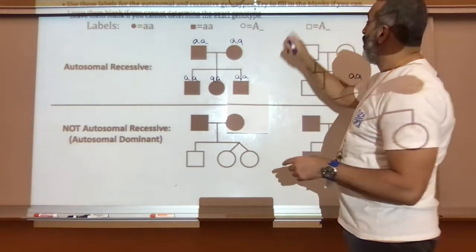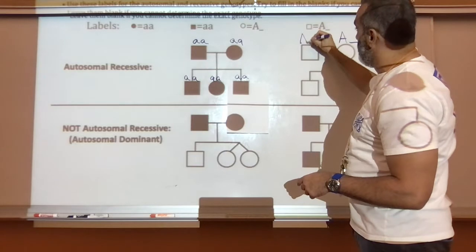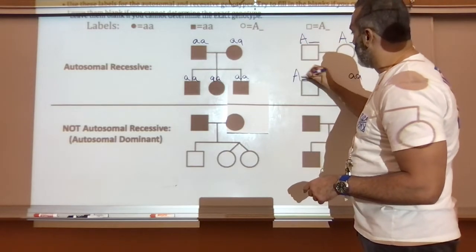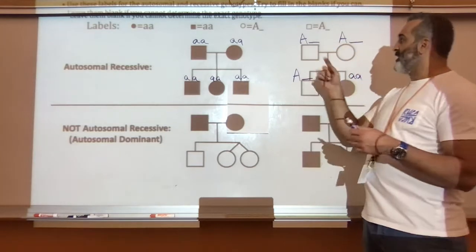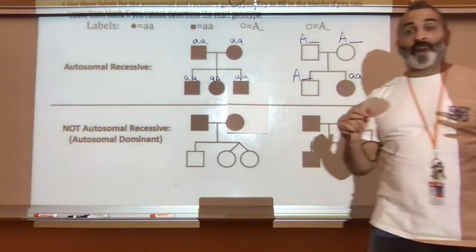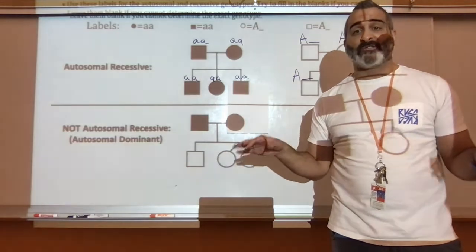Unshaded people are a capital A and a blank. So what we are saying is this characteristic is going from parents to offspring in a recessive way, and it is not sex-linked. It is autosomal.